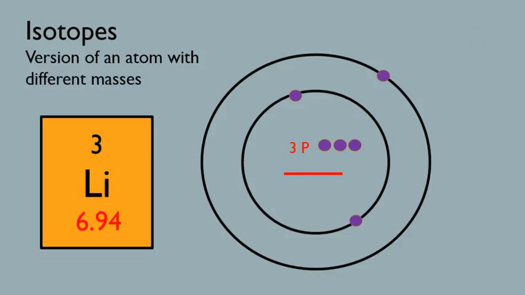Another lithium could be something like this: 3 protons, but only 3 neutrons. And so that total would be 6. The way we would write that would be lithium-6. So remember, isotopes are determined by the number of neutrons. Again, the protons do not change. The neutrons can change in number, and that's going to change the mass of each isotope.